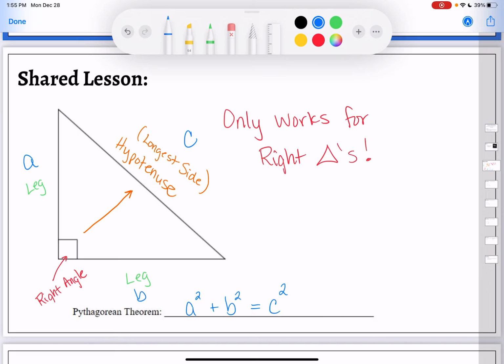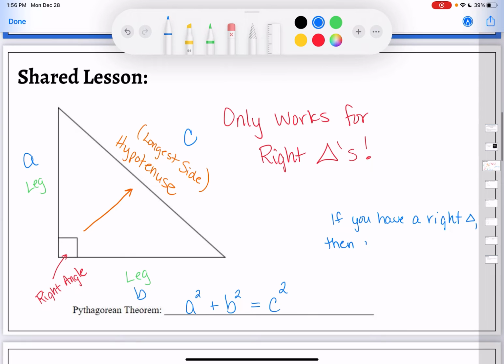If you have a right triangle, leg squared plus leg squared equals hypotenuse squared. That's what the Pythagorean theorem is. Now, it seems kind of complicated, but once you see how we use it, it is so cool. But just remember, you have to have a right triangle because a right triangle is the only one with a hypotenuse. So you've got to know which side is the hypotenuse for this to work.